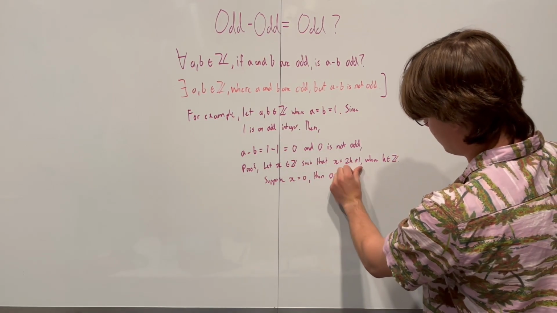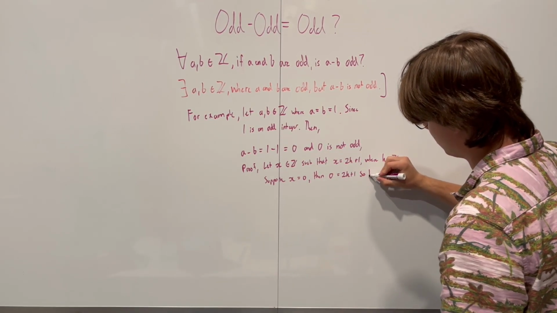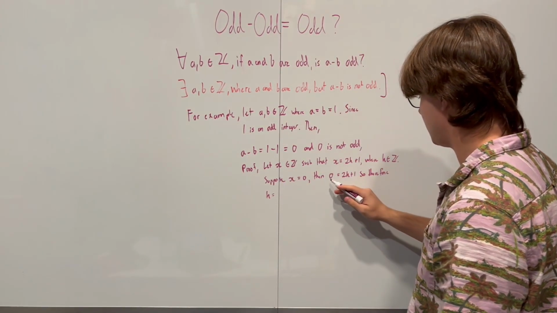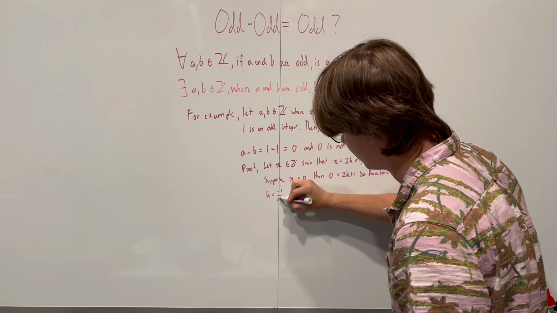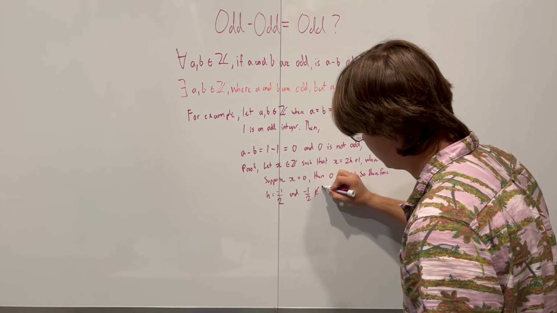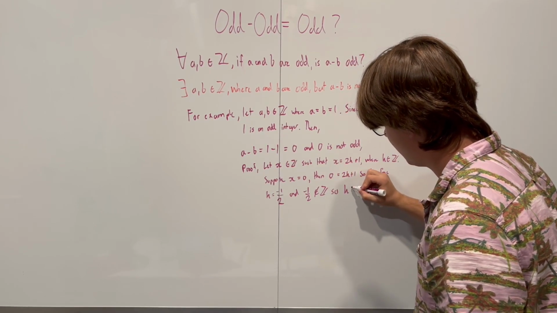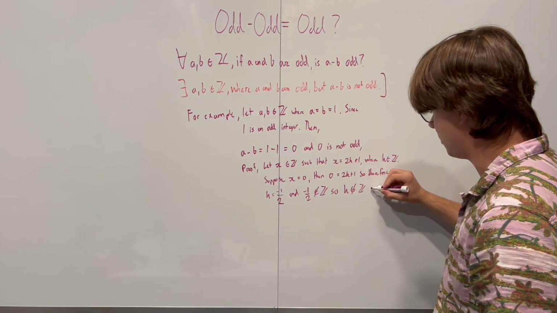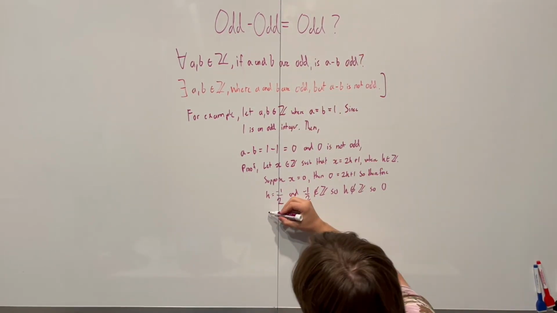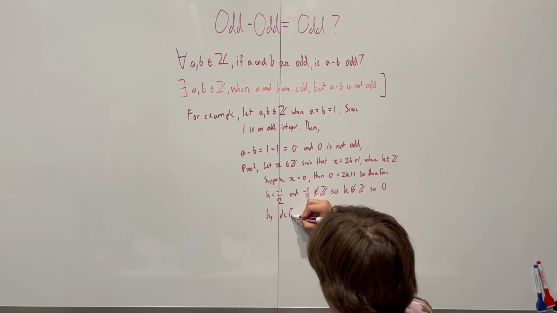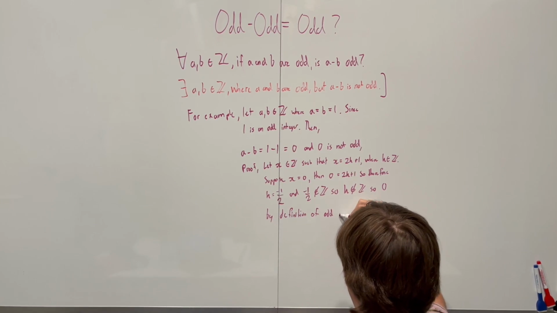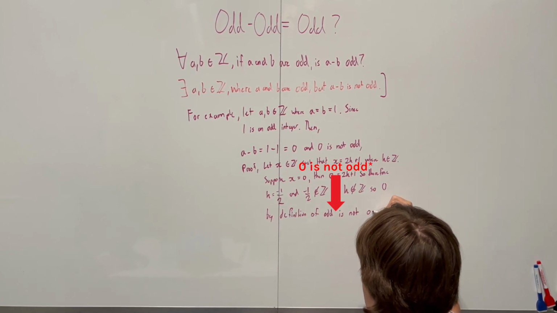Therefore, k must be equal to -1 over 2, and -1 over 2 is not an integer, so k is not an integer, so 0 by definition of odd is not odd.